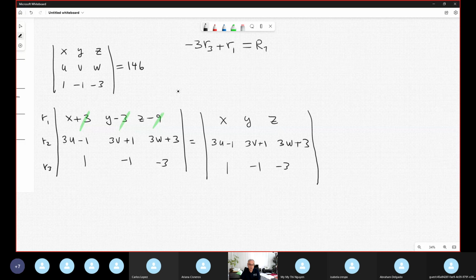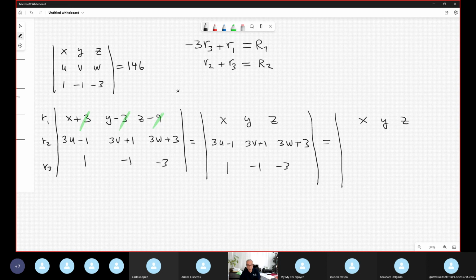This is row 2 plus row 3 would equal row 2. So in this case, you add this row. The first stays the same, doesn't change.